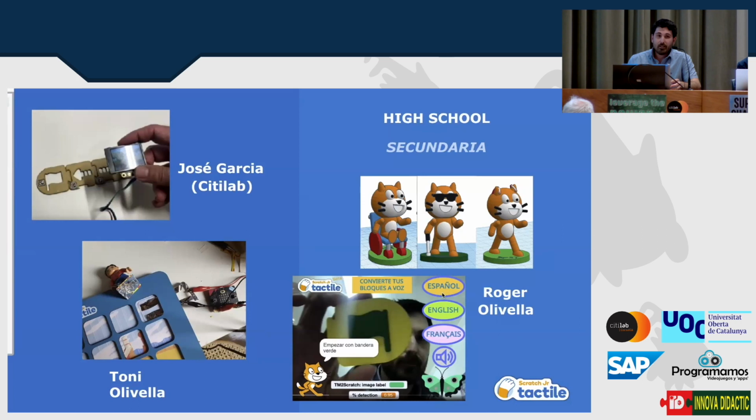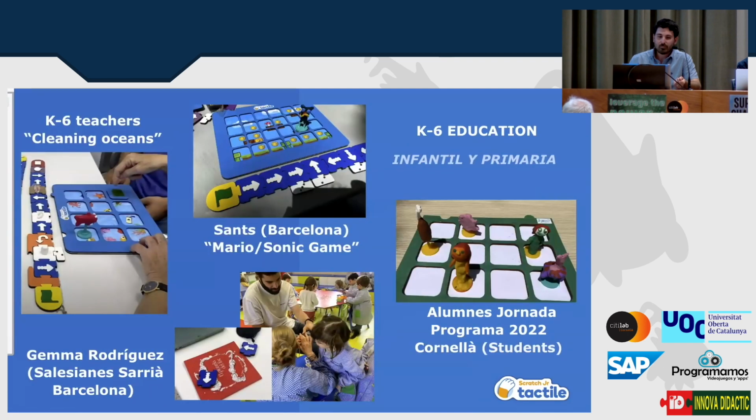Or you can create new characters, 3D designs, with different tools, Tinkercad, for example, or with AI recognition to recognize the different blocks and speak them. So it's better for different languages.